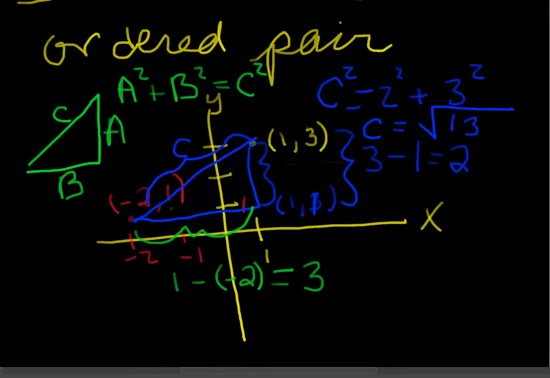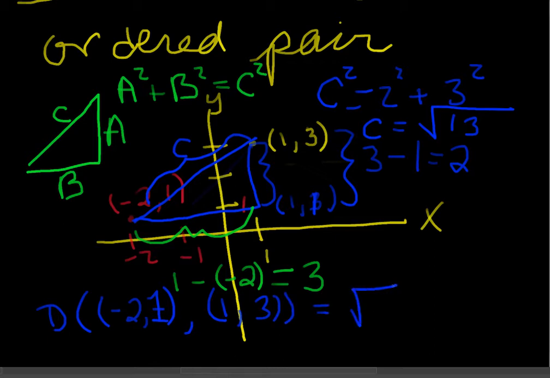So this distance between the 2 points is root 13. Let me write that out. The distance between the points -2, 1 and the point 1, 3 is equal to square root 13.